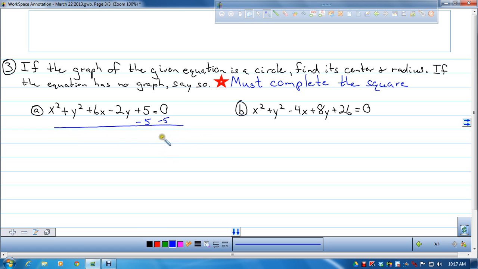Here's what I will be left with, because I need to fill in the blanks: x squared plus 6x, and then I'm going to have to add something in there. And I have a y squared minus 2y, and I'm going to have to add something to it to be able to make it a perfect square. And this whole thing equals negative 5 now.